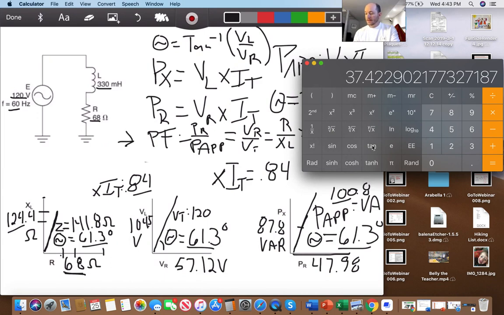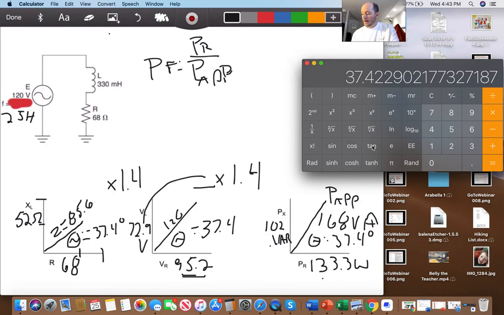All of these formulas factor into that. So we'll take 133.3 divided by 168. Yeah, 168.